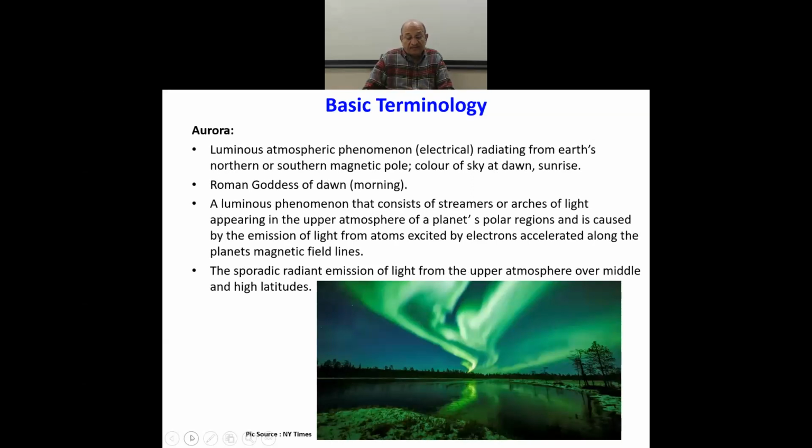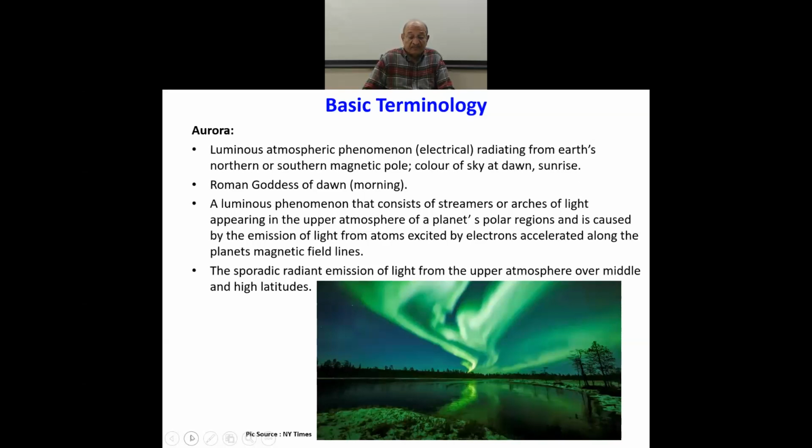So here, as I was mentioning, Aurora. What is Aurora? Aurora is a luminous atmospheric, electrical phenomenon radiating from Earth's northern or southern magnetic poles. It is the color of the sky at dawn or at sunrise.